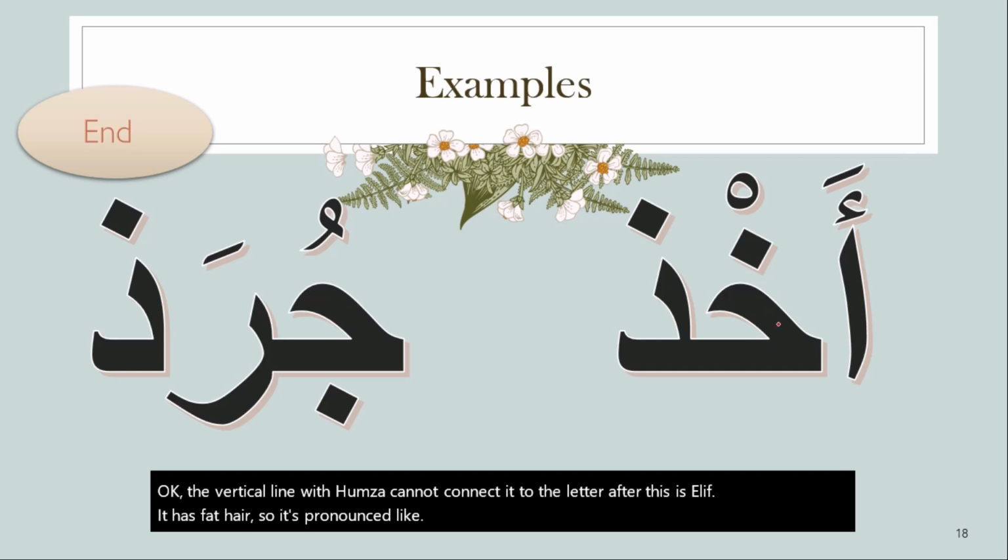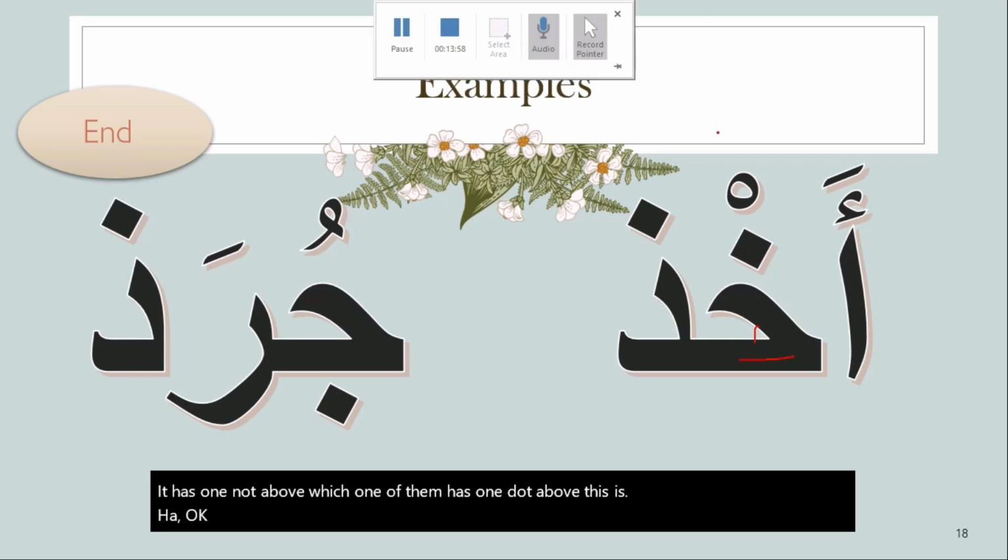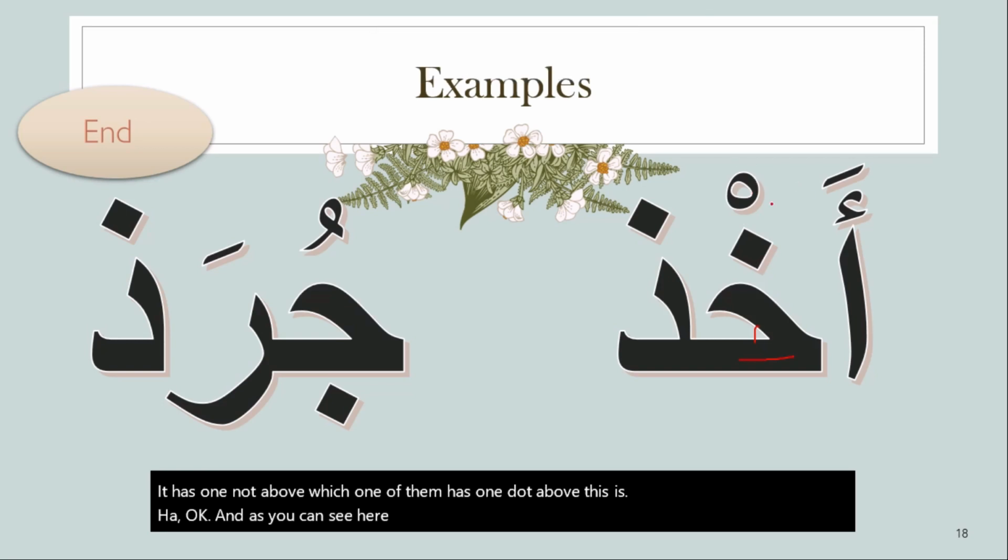This one, the curve with the acute angle, is one of the triplets, jim, ha, and kha. It has one dot above. Which one of them has one dot above? This is kha, and as you can see, kha has this circle above, meaning no vowels while pronouncing it.